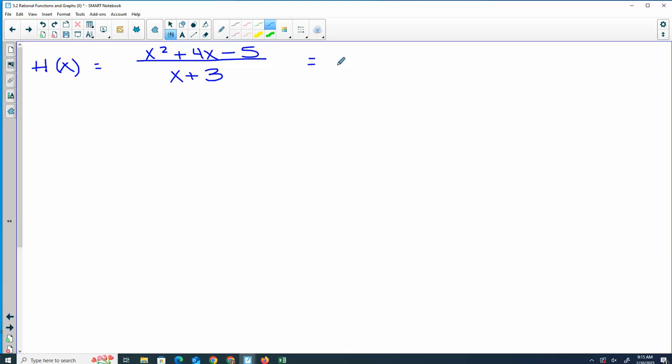All right, so first step is factoring. Top would factor into positive 5 and negative 1. Bottom, we can't do anything. So nothing cancels, so that means this one does not have a hole in the graph. Where do we look to find the x-intercepts? The top.